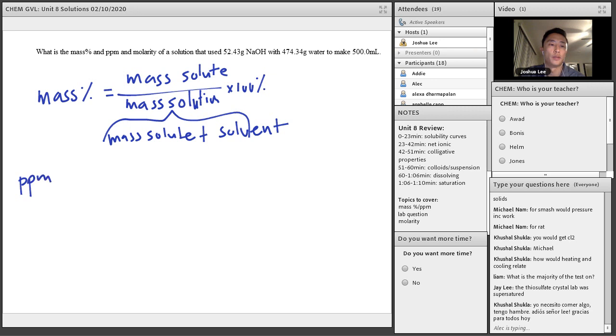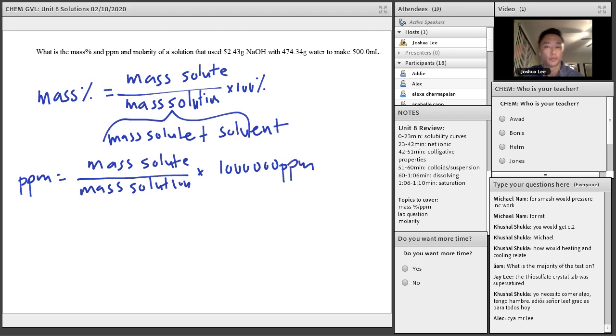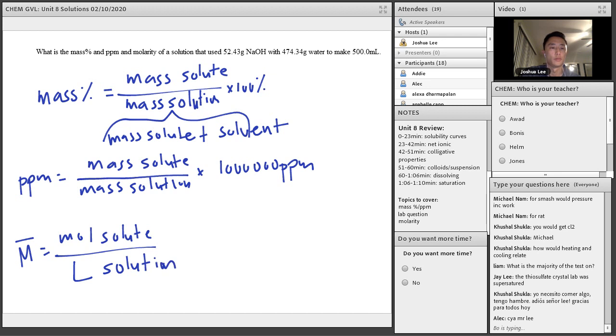Parts per million, similar: mass solute over mass solution times 1 million ppm. Molarity is moles of solute over liters of solution. 3 separate problems.